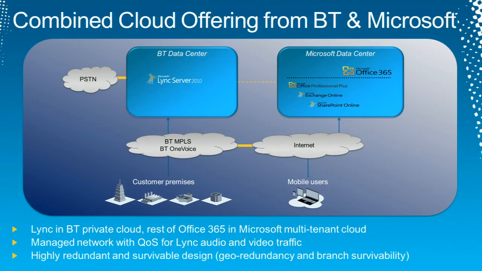Of course, you could also run Lync on-prem and get similar functionality for end users, but you're not realizing the benefits of the cloud at that point. But this is definitely an option to consider. And we're seeing more and more of our partners offering these sorts of private cloud solutions. BT is just an example, maybe one of the more advanced ones, but certainly available from other carriers as well.